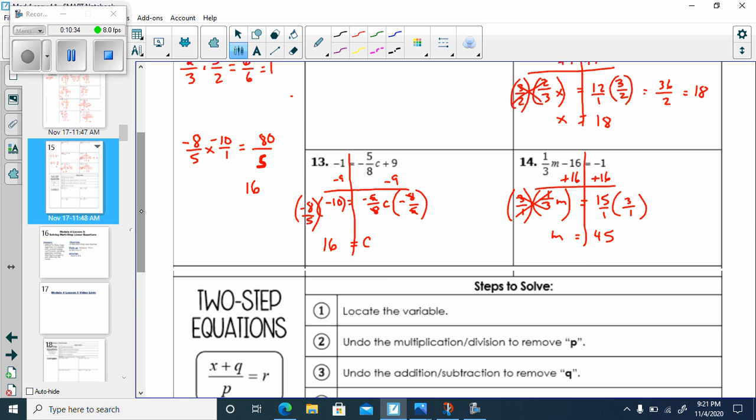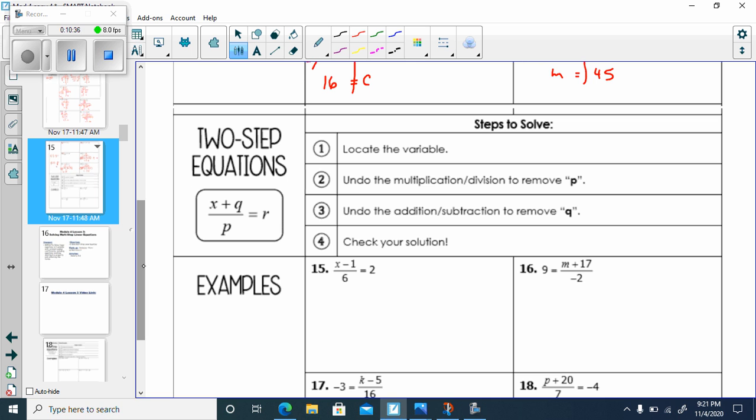Okay? Now let's deal with these two-step equations here. In this case, I'm dividing everything here by 6. X minus 1, all of that is divided by 6. That's equal to 2. Well, if I'm dividing all of this by 6, let's multiply all of this by 6.